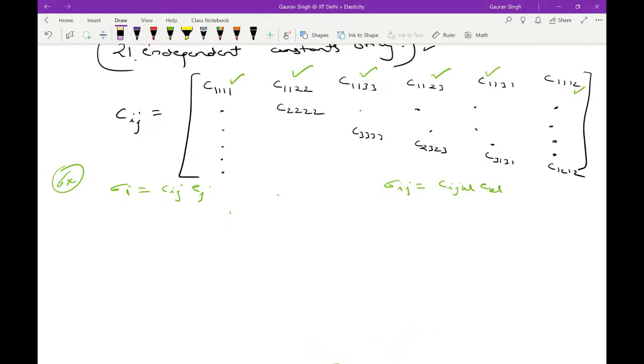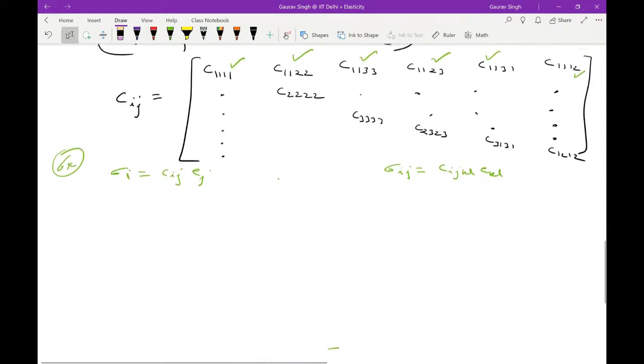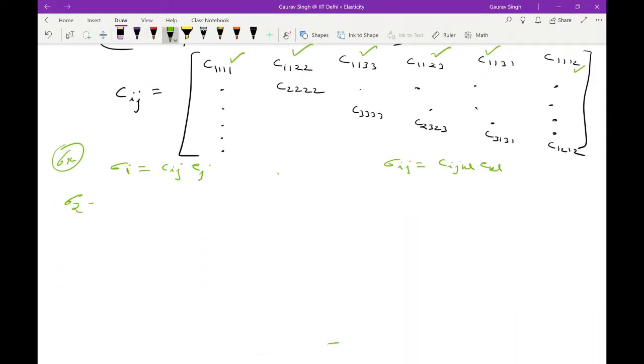So the objective now is the second row, which is sigma y. Sigma y is clearly sigma 2, that is C2j Ej, that is equal to C21E1 plus C22E2 plus C23E3 plus C24E4 plus C25E5 plus C26E6.